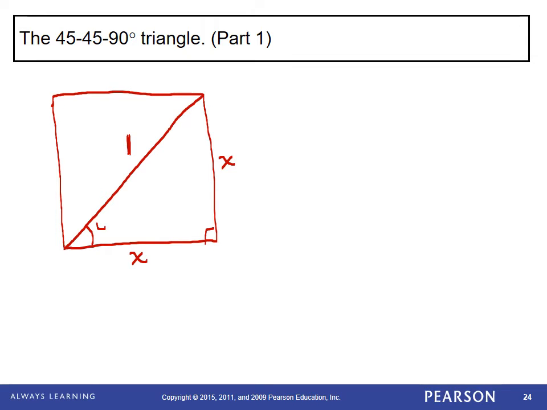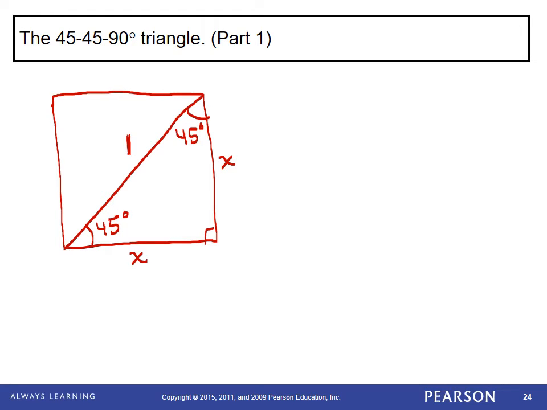Next, we also know since we made a diagonal come through a square, what we really did is we cut that 90-degree angle into a 45-degree angle here and a 45-degree angle here. Okay, and really the question is this: can I somehow know what x is? Is there a way to know the exact value for x? Not an approximation, but an exact value.